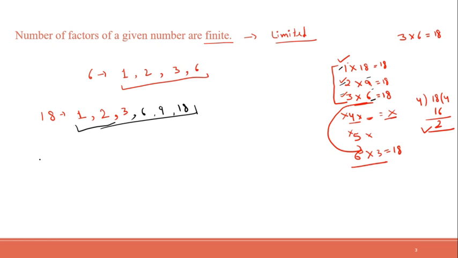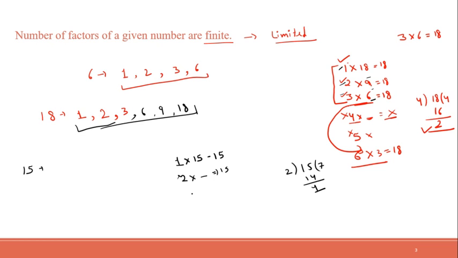If you want to know the factors of 15, how will you do it? You'll start with 1. 1 into 15 is 15 itself. Then 2 into something, will it ever be 15? No. Why? Because if I divide 15 by 2, I'll get a remainder of 1.